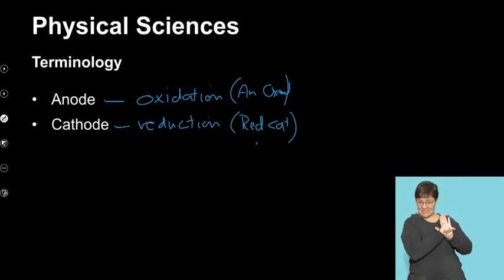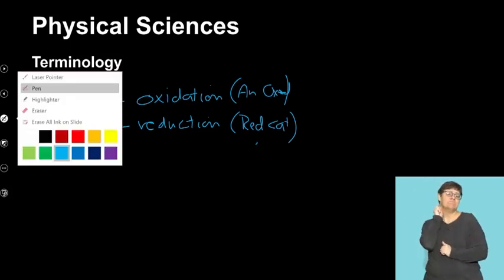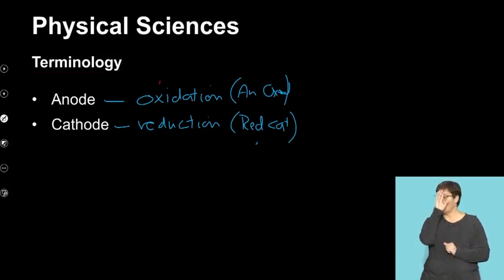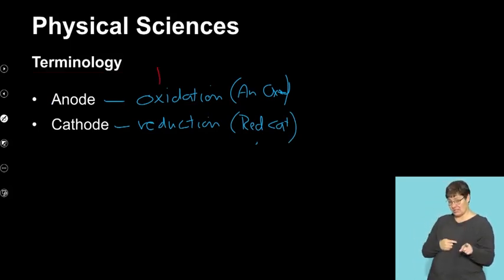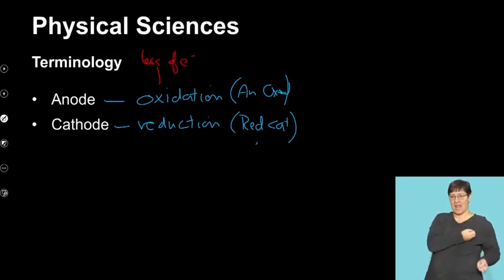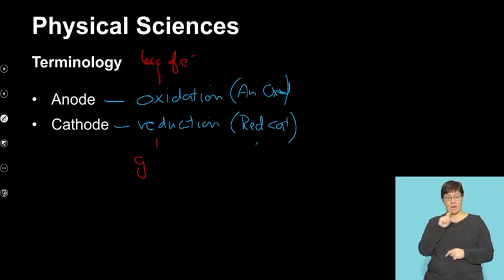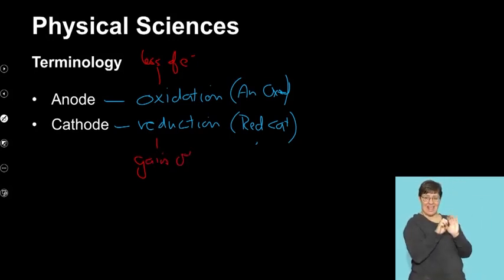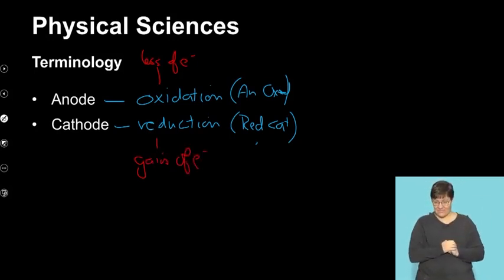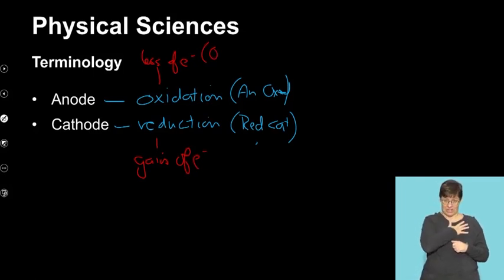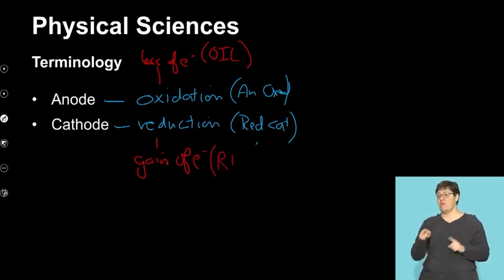Now, bear in mind that you need to remember that oxidation is a loss of electrons, where reduction is a gain of electrons. So we remember those terms by recognizing that oxidation is a loss, that mnemonic OIL, and the mnemonic here, RIG.